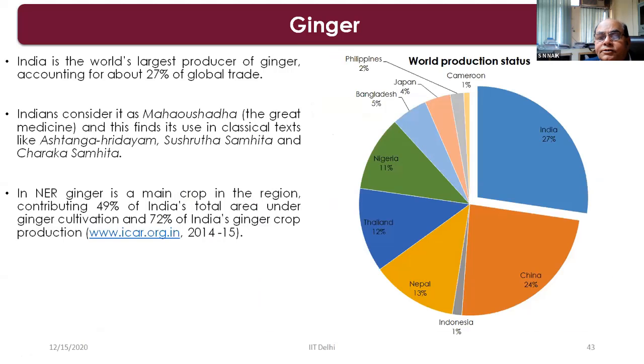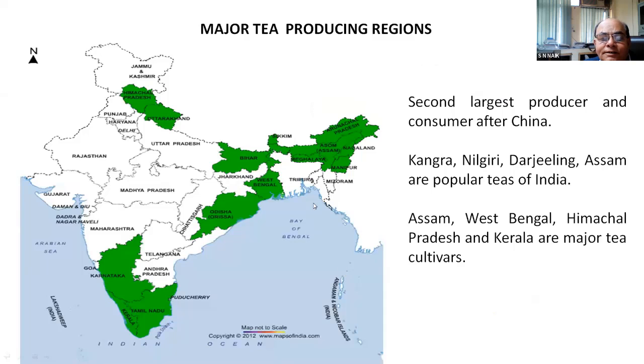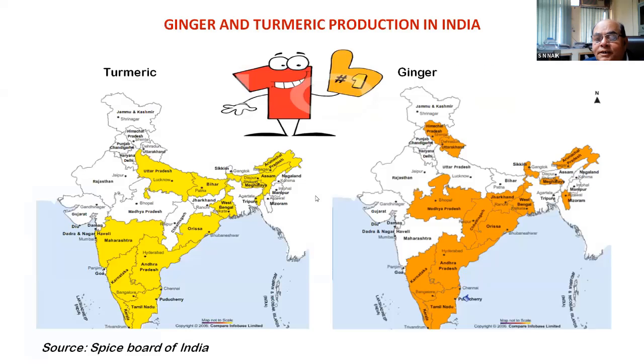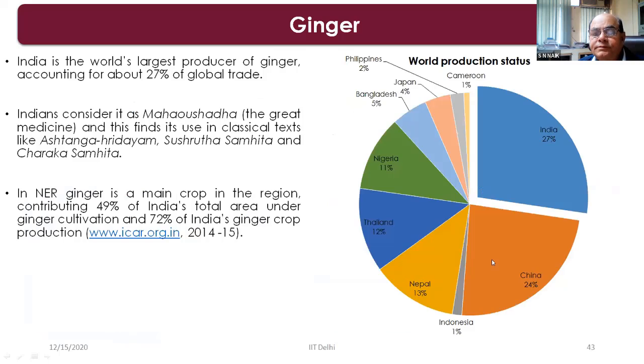Earlier we had a joint project with IIT Guwahati and others to isolate these, because a lot of turmeric and ginger are going west because of storage and other facility constraints. India is the major producer of ginger, and around 27% of the global trade in ginger is from India.